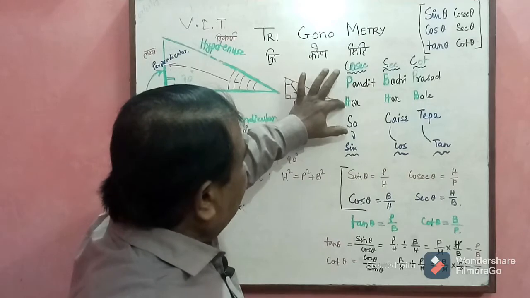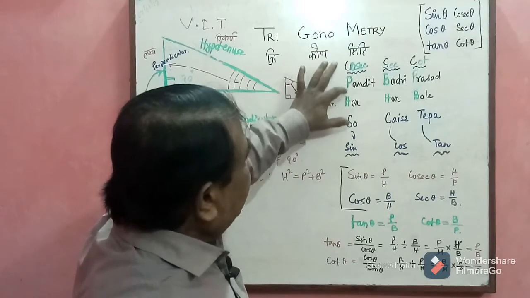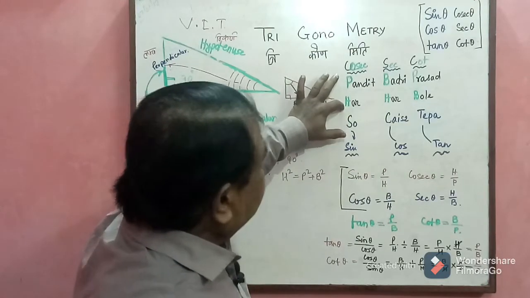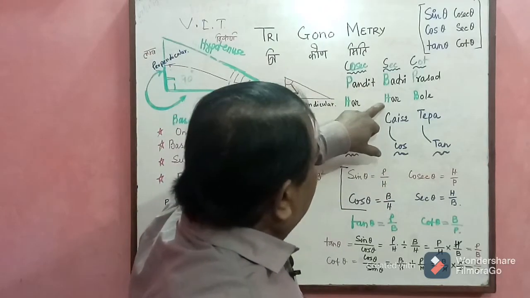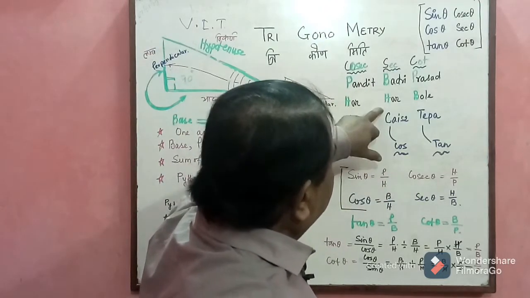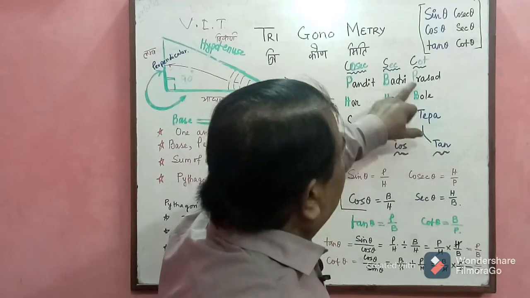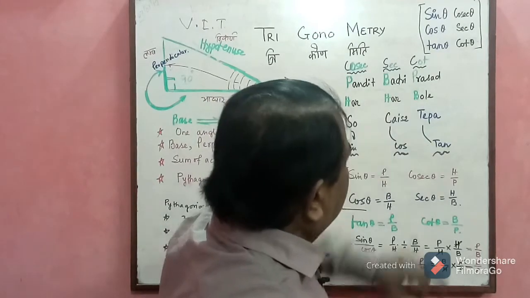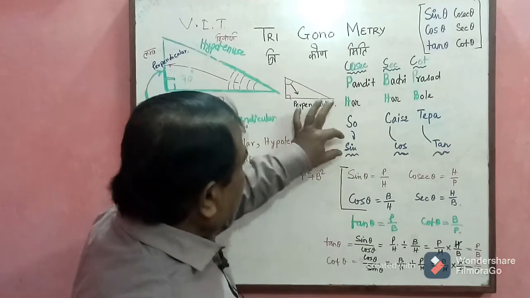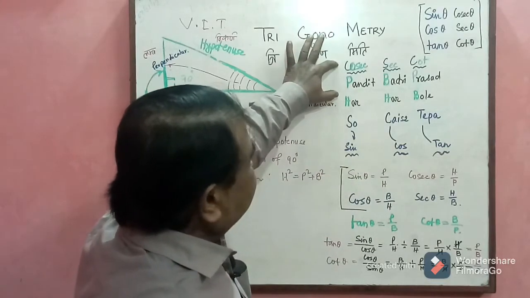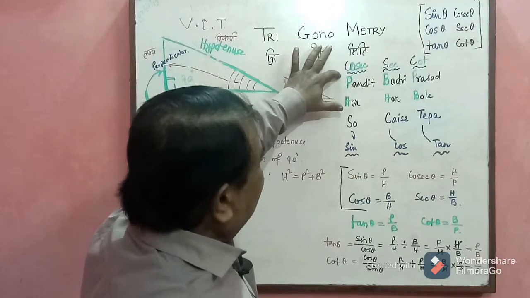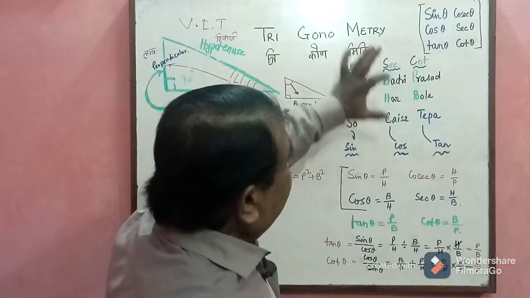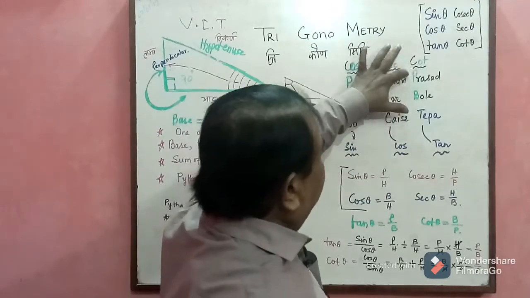Sin is P upon H, the ratio between perpendicular and hypotenuse. Cos is base upon hypotenuse, B upon H, and tan is perpendicular upon base. The inverse of sin theta is cosec theta, that is H upon P. Sec theta is H upon B, cot theta is B upon P.